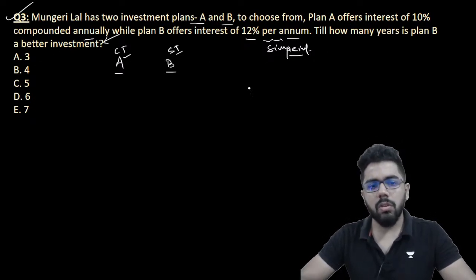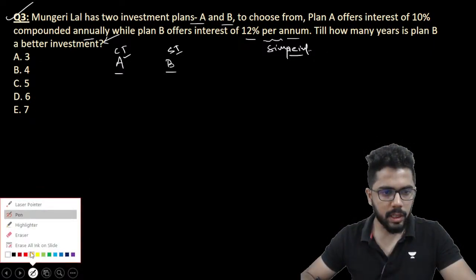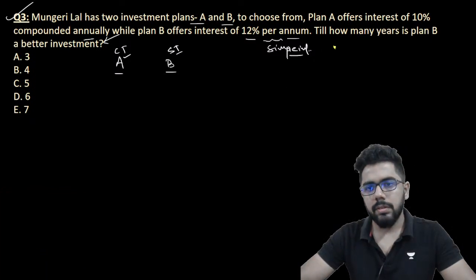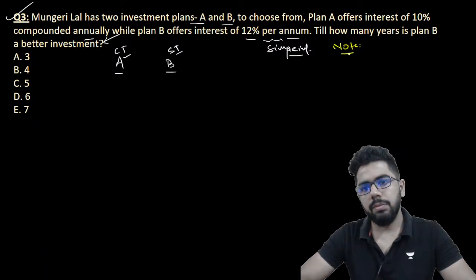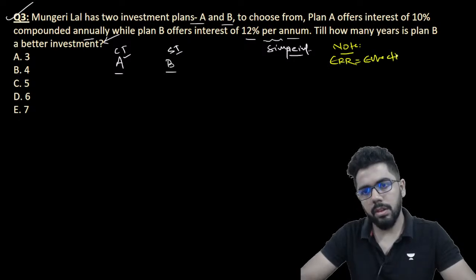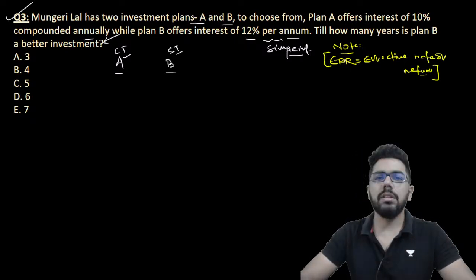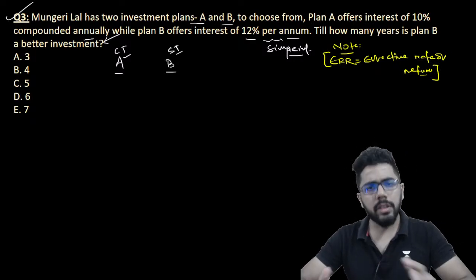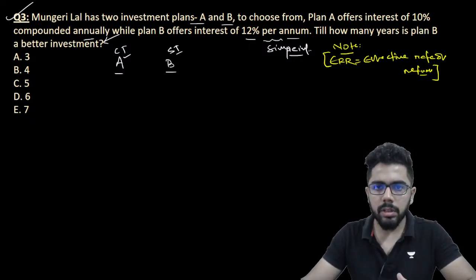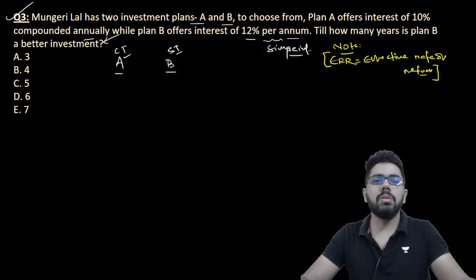So we will be using the concept of ERR. ठीक है? ERR, effective rate of return. That means if I am investing for a particular number of years, मेरा overall return क्या है? मैं हर साल का return calculate कर सकता हूँ और मैं बोल सकता हूँ 3 साल में overall इतना मिला.